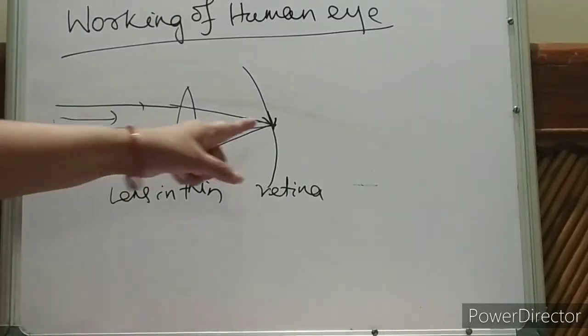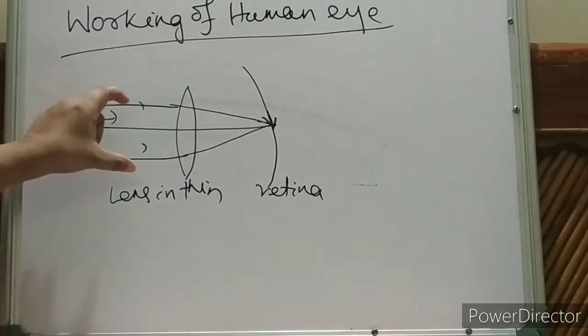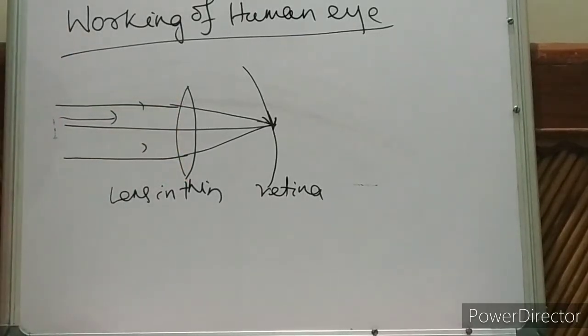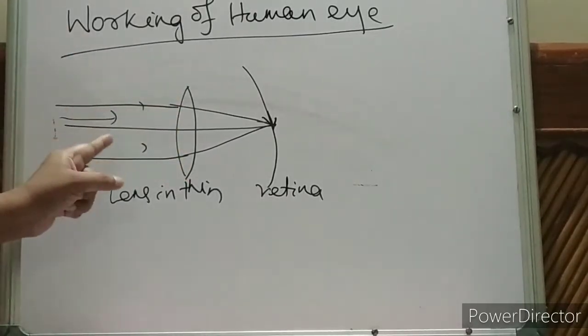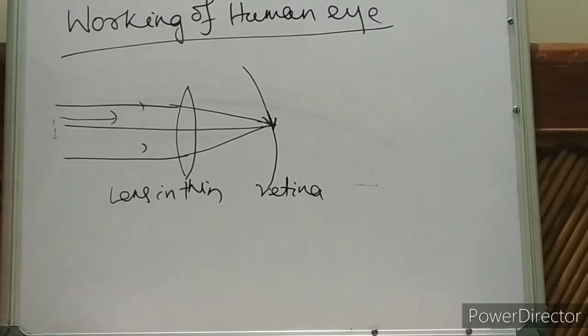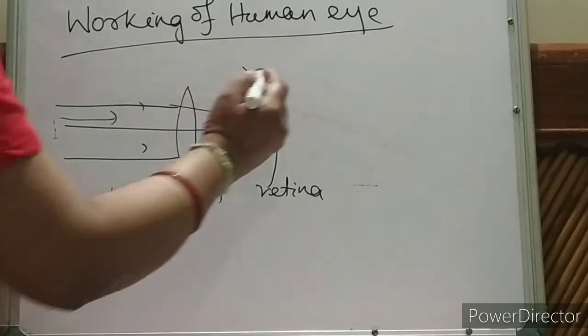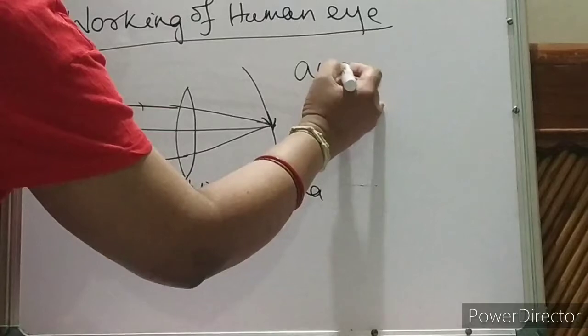That means on retina. That means we are actually decreasing the focal length. This property of the eye that enables us to see the object closer to our eye is called accommodation. That is the power of accommodation only.